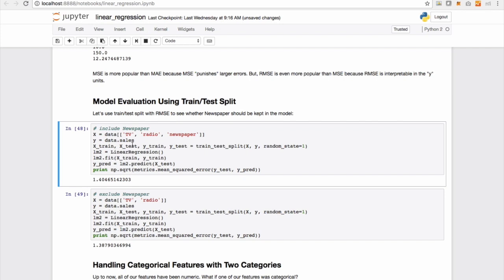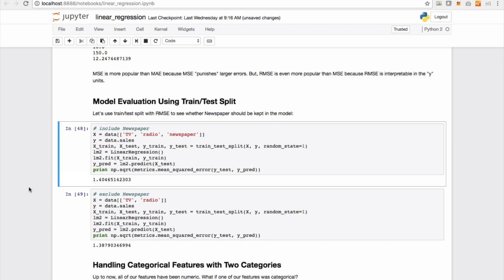So let's use train test split with RMSE to see whether newspaper should be kept in the model. We have our X, which is nothing but our three features, our y as the response variable, and then we use the train test split method of scikit-learn to actually split our data into training and test sets.